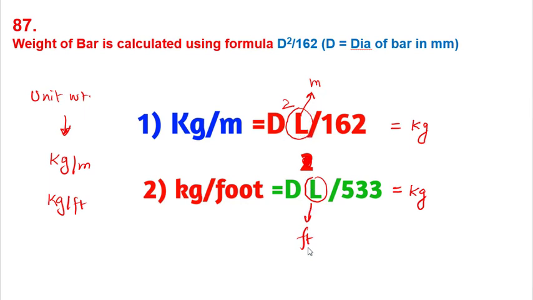If the length is in feet, then you will use this formula. What is d here? D is the dia of bar in millimeters. You need to put the dia of bar in millimeter in both cases. In both formulas you will put the value of diameter of the bar in millimeters. This is the important point you need to know.